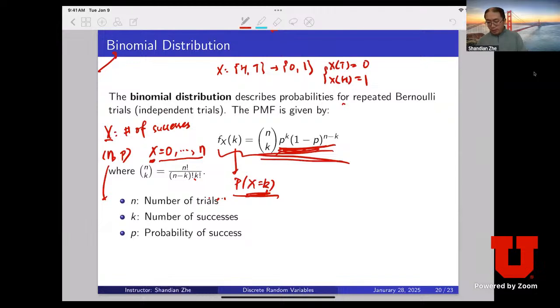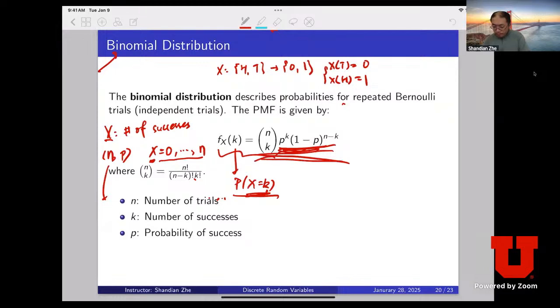So this number is n choose k. If you are uncomfortable or feel blurred about this, I would suggest everyone look at our slides and try to derive this again, because this is really useful and important.